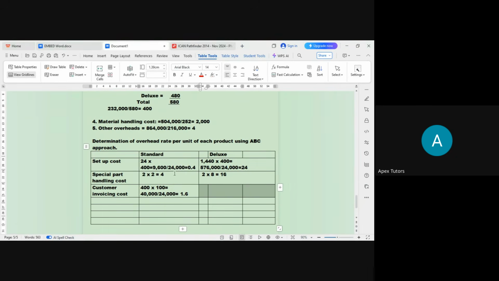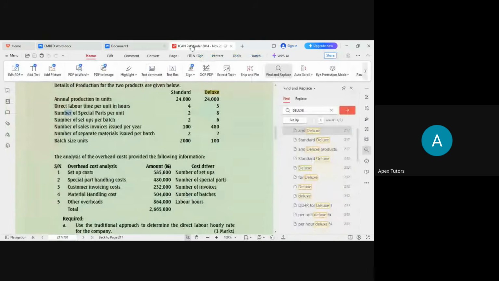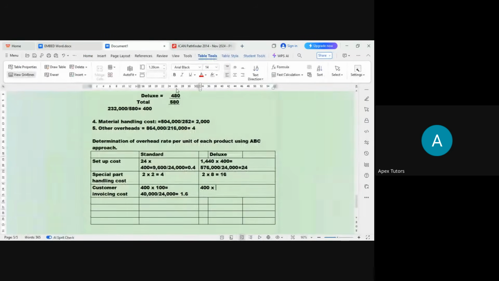For the loss, what will happen? Still 400 multiplied by the customer invoices for the loss, which is 480.